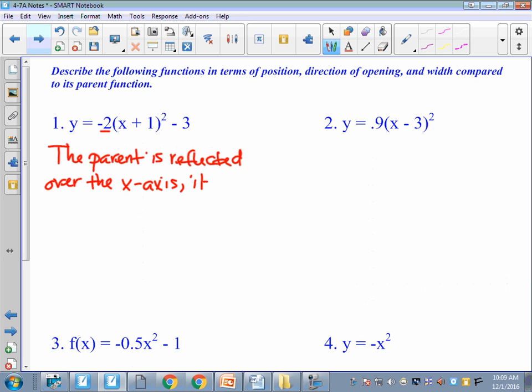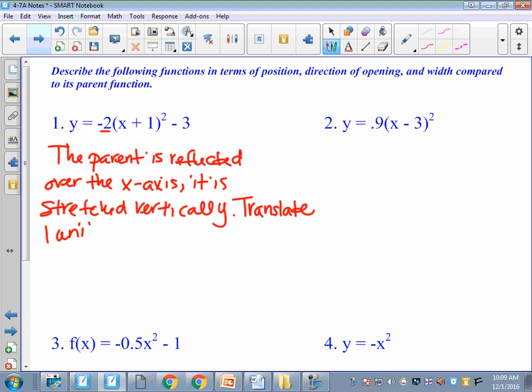It is stretched vertically because of that 2. And then it translates. It's going to translate two ways. It's going to translate 1 unit to the left because the h value is actually a -1, and 3 units down.